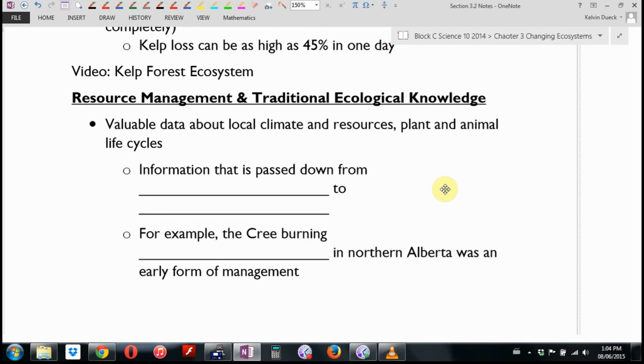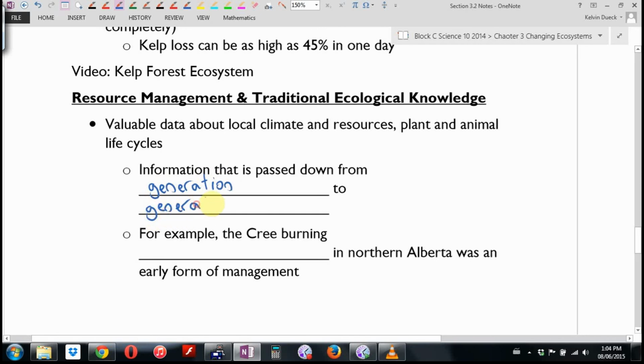So, resource management and traditional ecological knowledge, we get valuable data about local climate and resources, plant and animal life cycles, and this information we have learned was passed down from generation to generation, not through printing, but orally through word of mouth in the various First Nations peoples that lived.